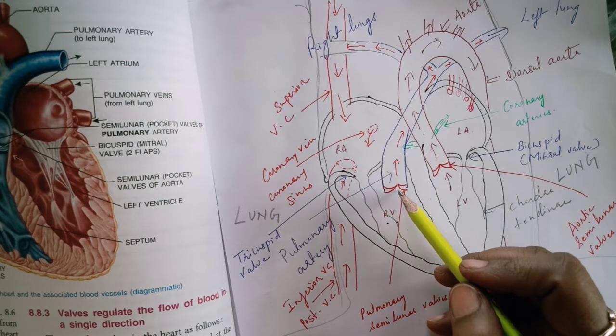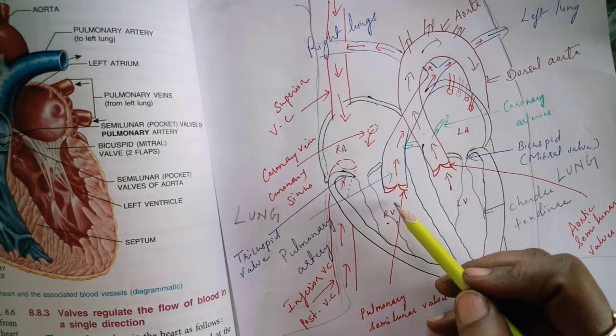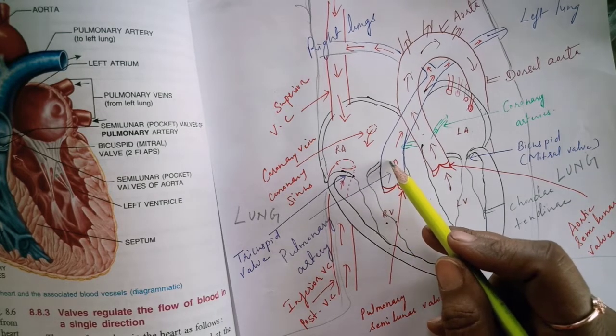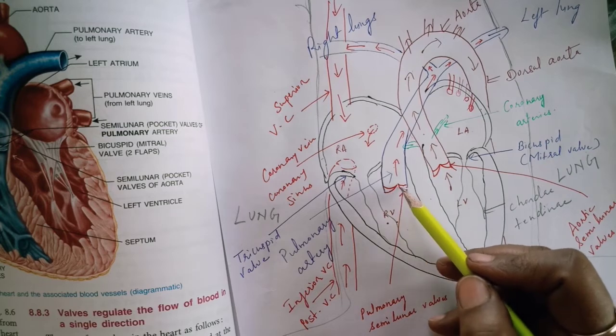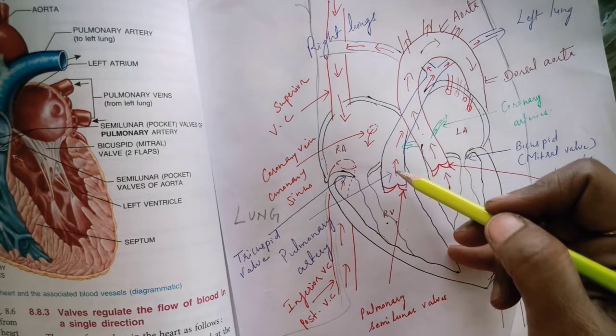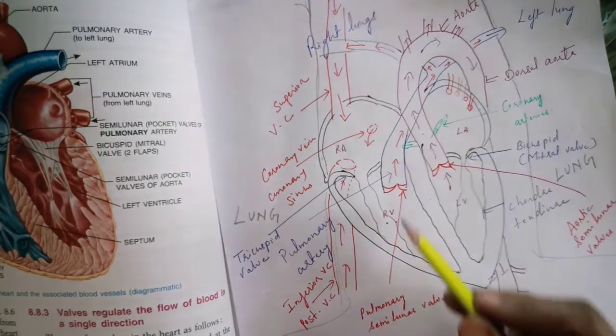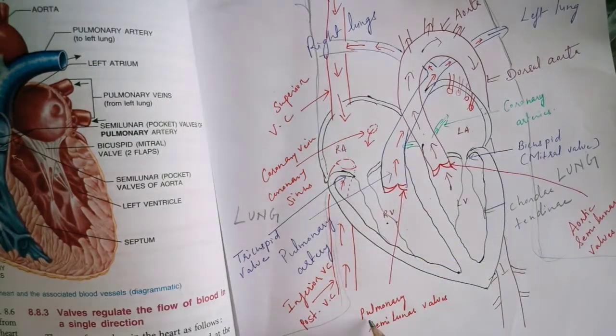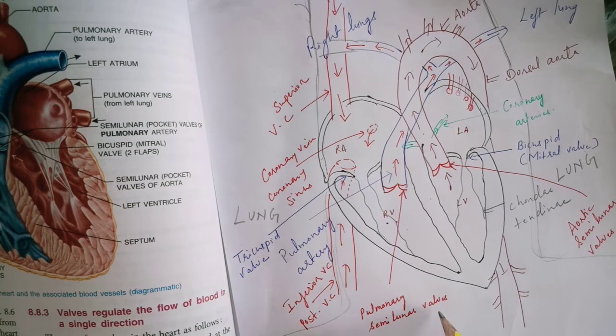The junction where the right ventricle opens into the pulmonary artery has two semilunar valves. Because they are attached to the pulmonary artery, these are known as the pulmonary semilunar valves.